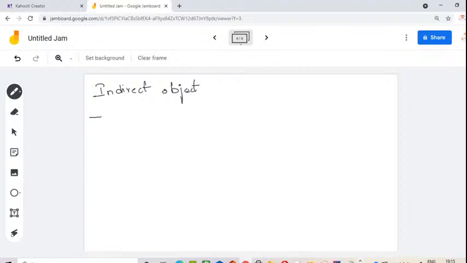It is also a pronoun, noun, or noun phrase that receives the direct object of a verb.